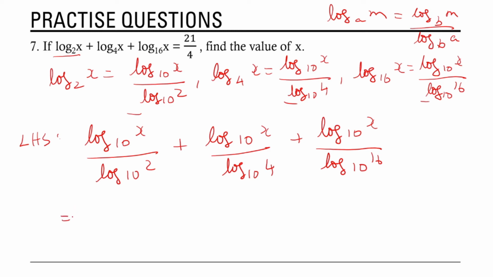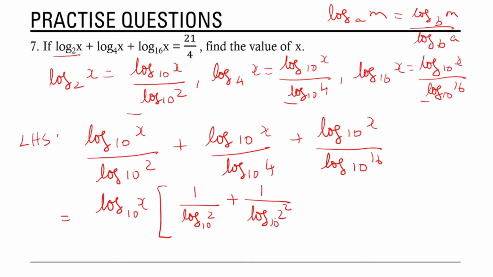Next step, simplifying, taking log x to the base 10 outside. So, I have 1 by log 2 to the base 10 plus 1 by log 4 to the base 10, I am writing it as log 2 square to the base 10, plus 1 by log 16 to the base 10, I am writing it as log 2 raised to 4 to the base 10.